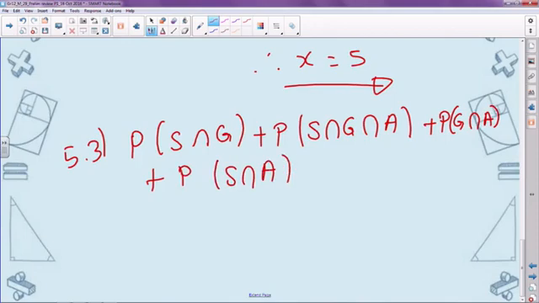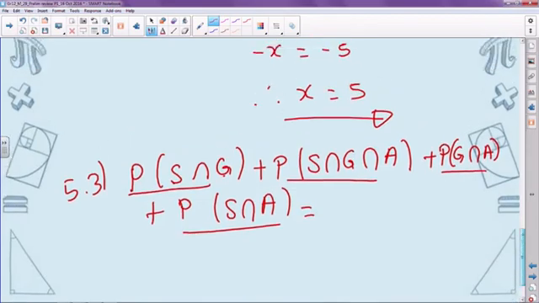So what you're seeing that I'm doing is I'm literally listing down all the possible ways that this event could happen.